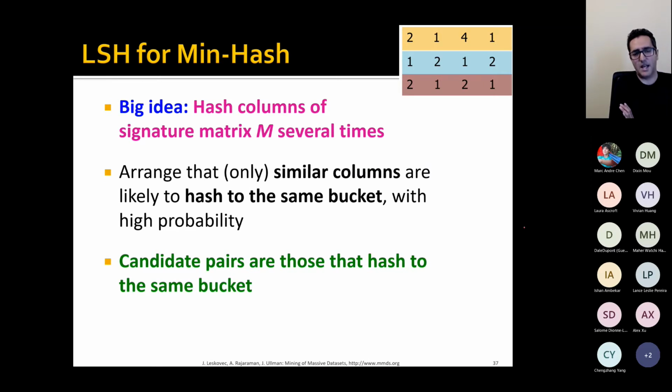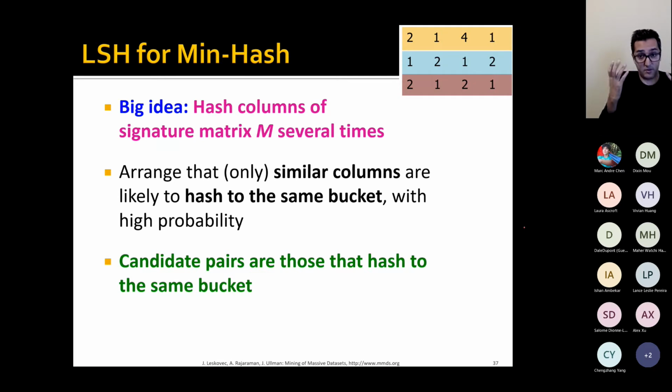What it does is hash columns to different buckets. And the idea is, if two columns are identical, they will be hashed to the same bucket. The hash function produces the same output value. And it makes sense.